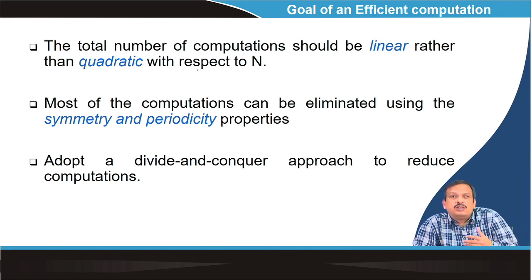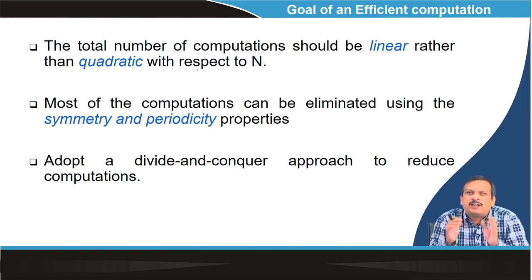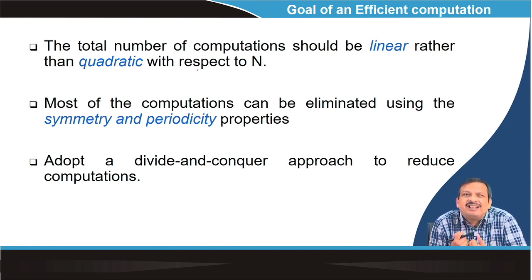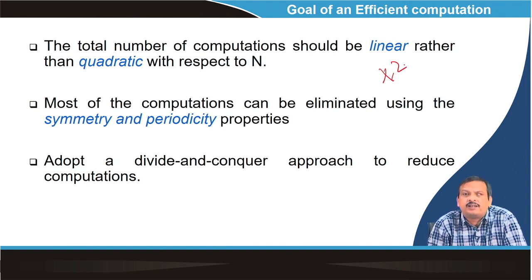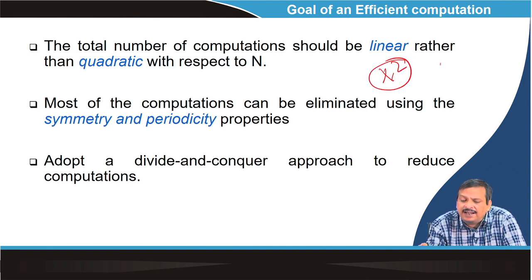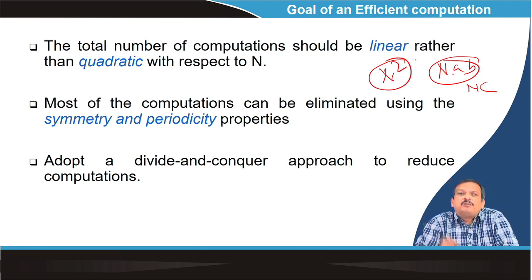So what is the goal of the fast Fourier transform algorithm? That means efficient computation of the discrete Fourier transform. The goal is that the total number of computations should be linear rather than quadratic. If I say n square is quadratic, so instead of n square, can I make it n into something, a or b, which is less than n? So instead of square, I make it linear, a into n or b into n, where a and b are both less than n.